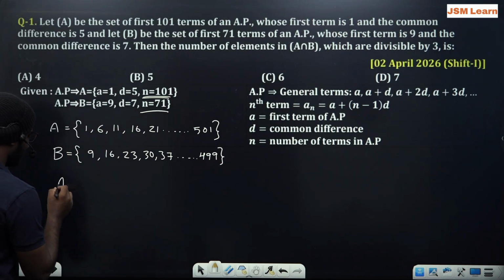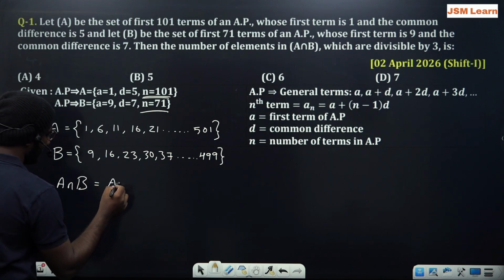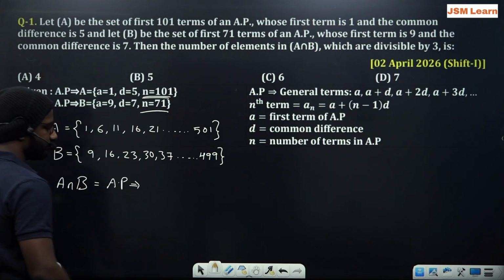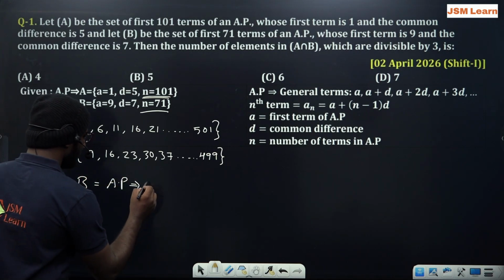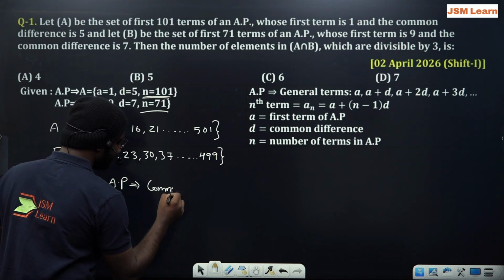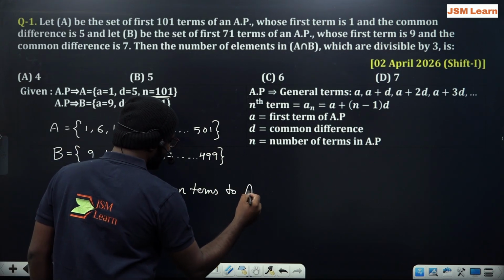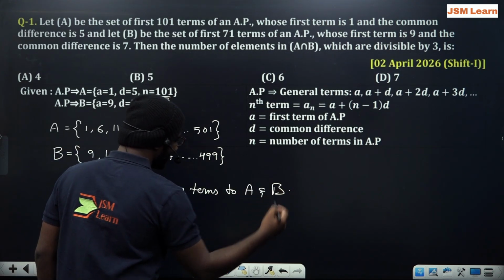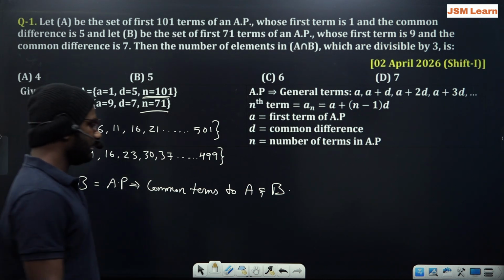Now we write A intersection B. This is also an AP. A intersection B means the terms common to set A and set B, written in a single set.